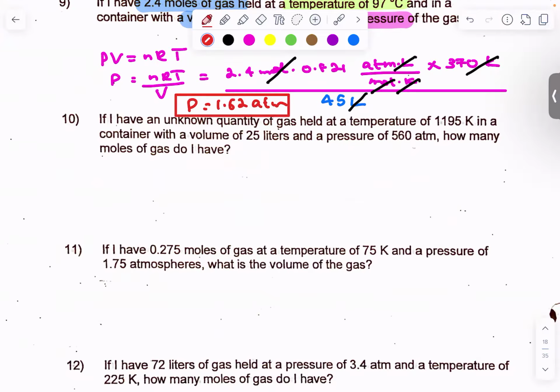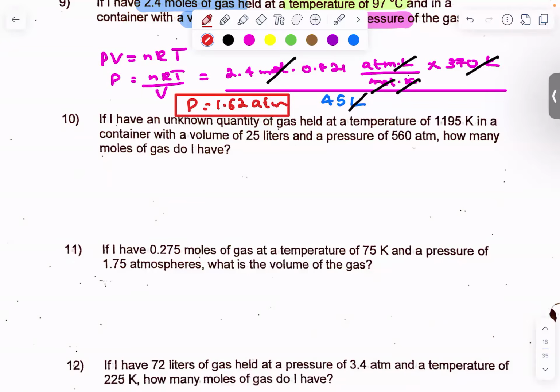Are you doing it? Yes. I got 142.70 moles.